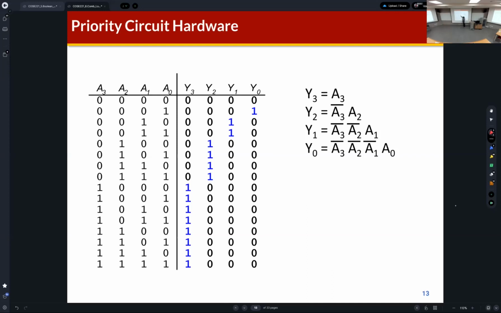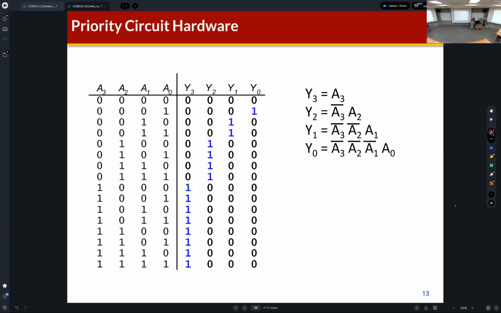We can define outputs like this. But we can simplify these two tables using the don't care signal or don't care bit. So what does that mean?